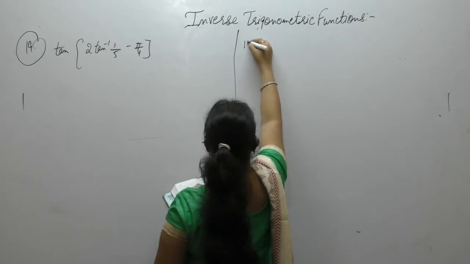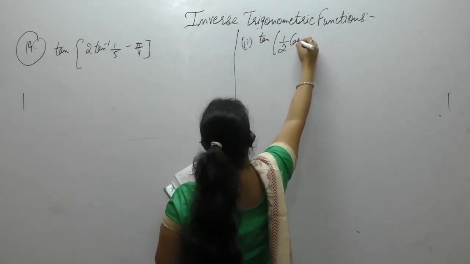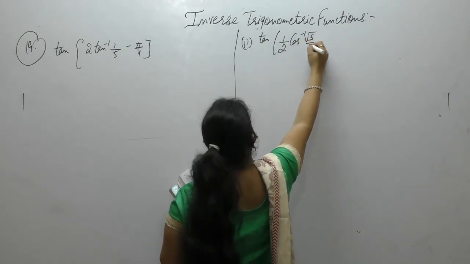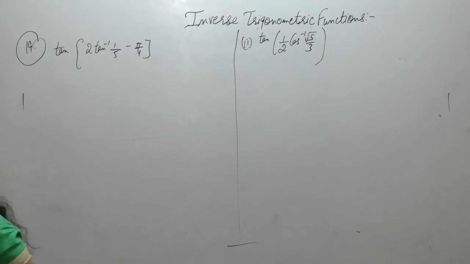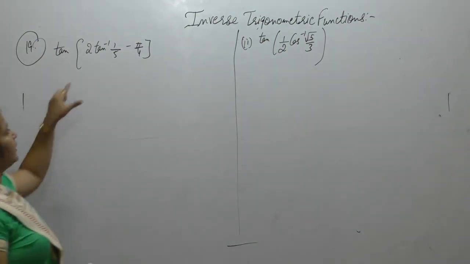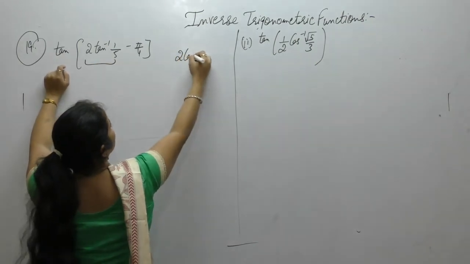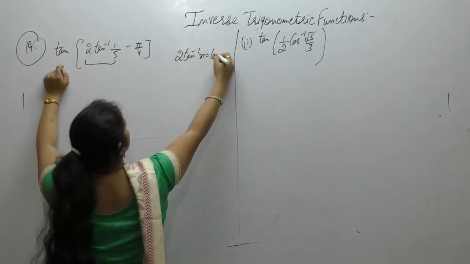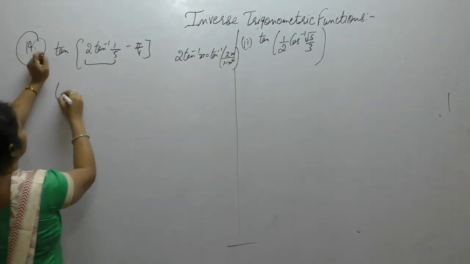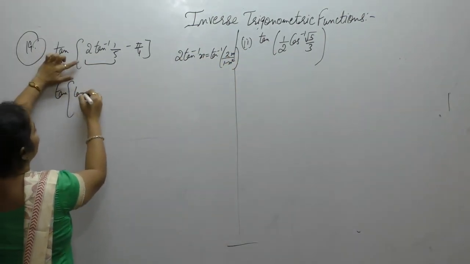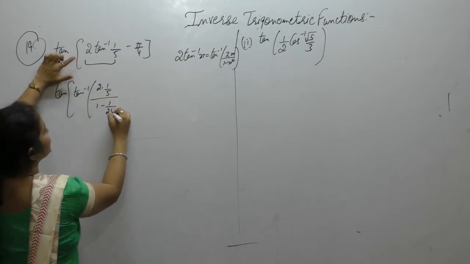Second part is tan of (1/2 cos⁻¹(√5/3)). Now we know the formula for 2 tan⁻¹x, that is equal to tan⁻¹(2x/(1 − x²)). So apply the formula here.